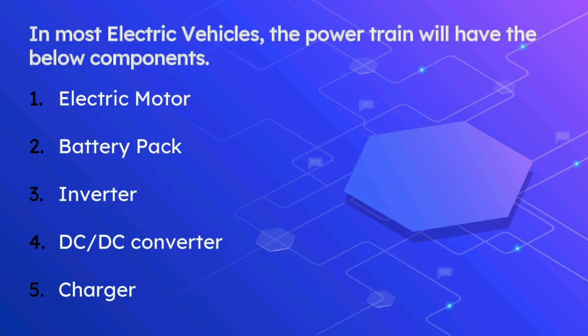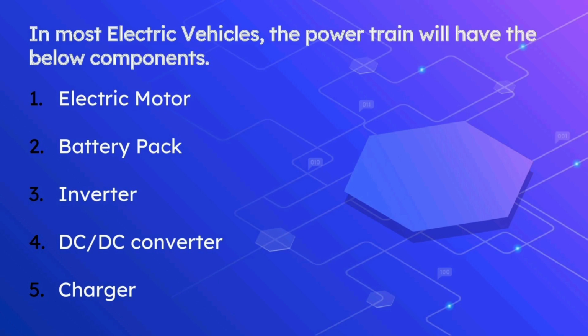Next component is DC to DC converter. Electric vehicles do use a 12 volt power system for the low power electrical components. The 12 volt system is powered by the battery pack. A DC to DC converter is used to convert power from the battery pack voltage down to 12 volts.